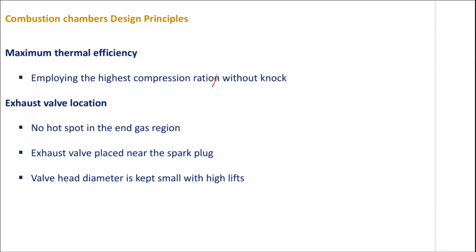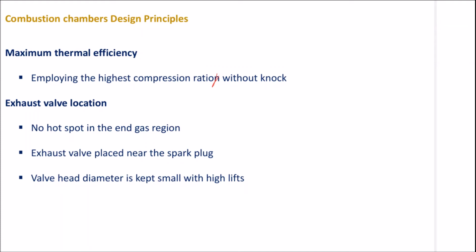Next is the exhaust valve location. So you know that the exhaust valve location is very critical in case of SI engines. If the exhaust valve location is not proper, then there is a possibility of knocking or detonation. Okay, so the exhaust valve should be located in such a place that it does not act as a hot spot in the end gas region.